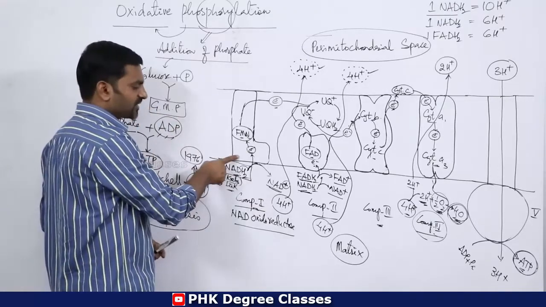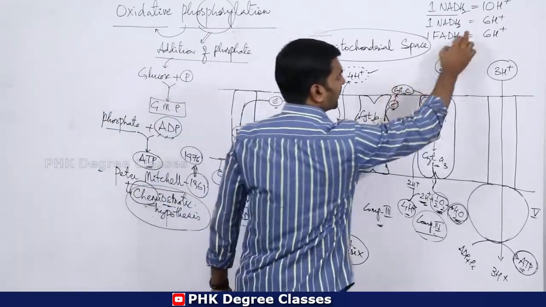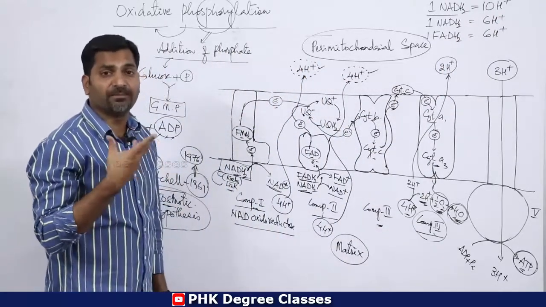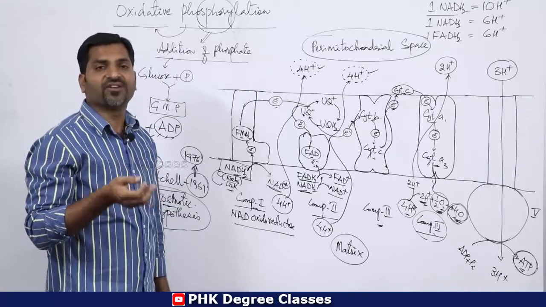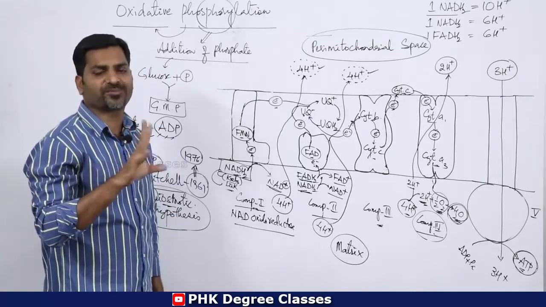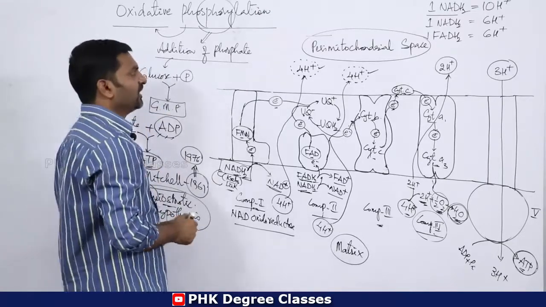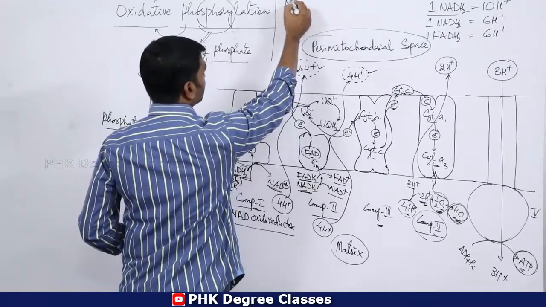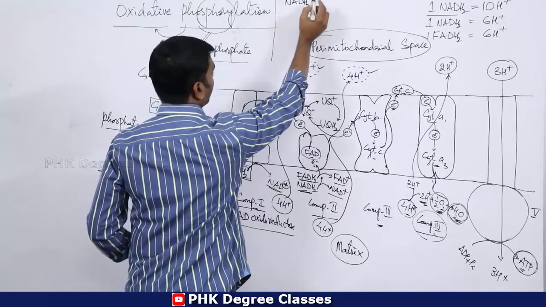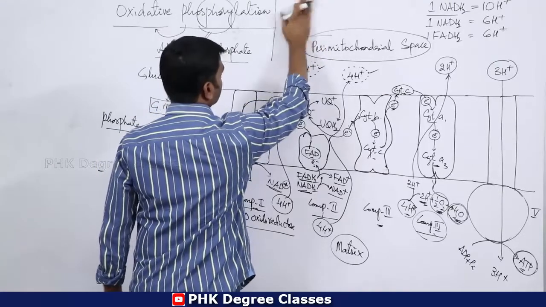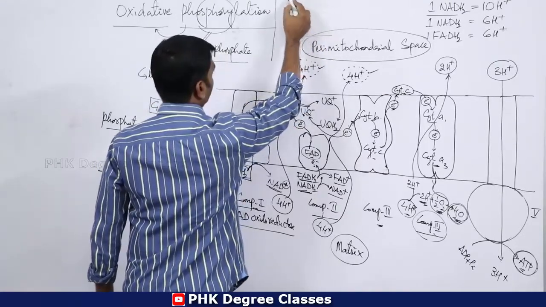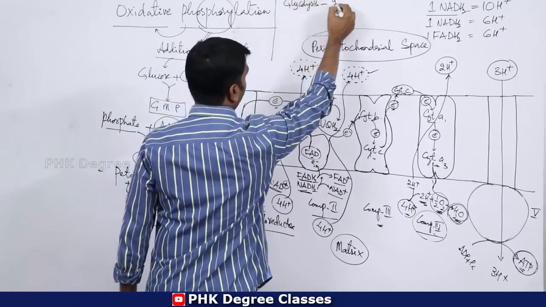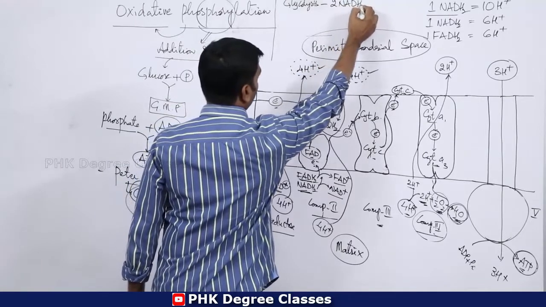Now remember, whenever one NADH2 participates at complex 1, it will give rise to 10 protons. Then tell me, what about the total number of NADH2s formed in aerobic respiration? In glycolysis, the total number of NADH2s is 2.